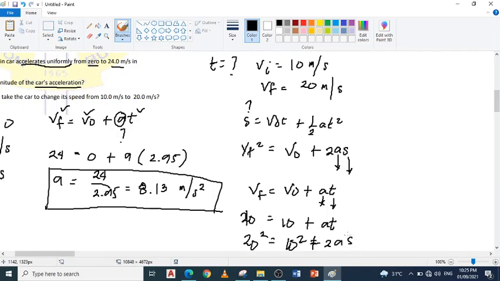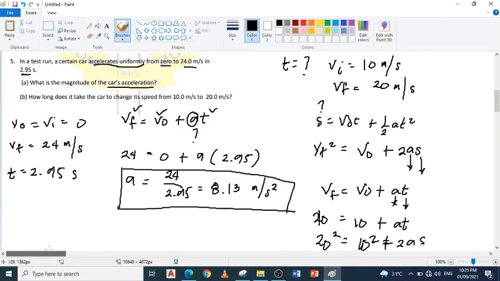So that is also not possible because we have two unknowns. Something seems to be missing. How long does it take the car to change speed from 10 meters per second to 20 meters per second?